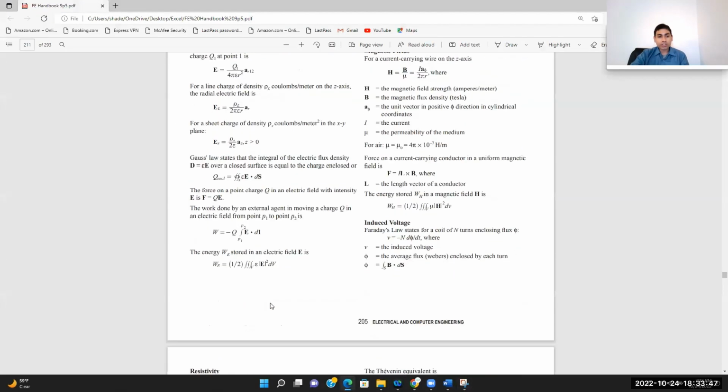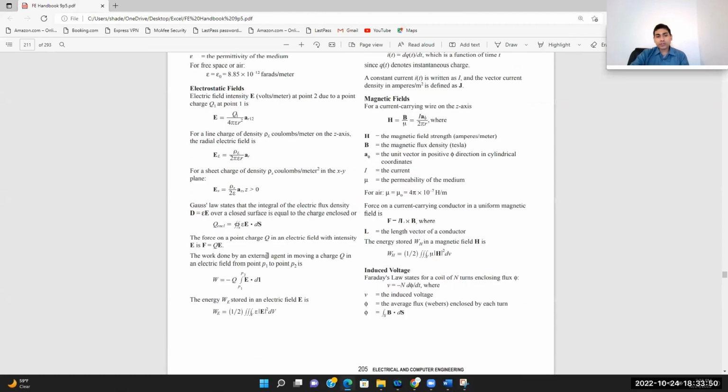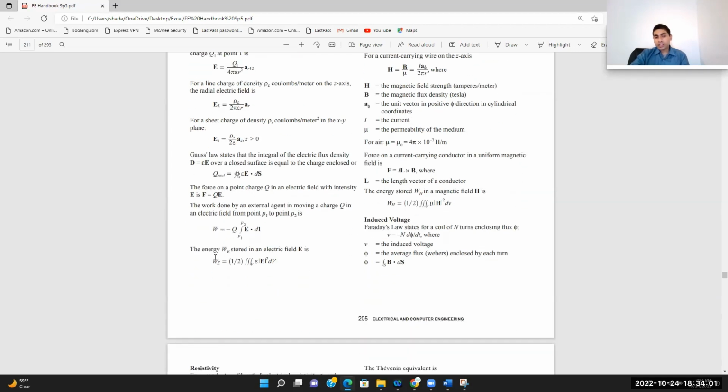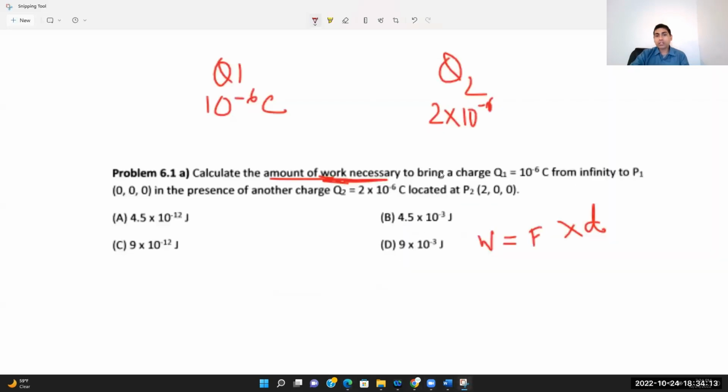Let's look into the equations and try to figure out which equation would be the most convenient here. Now coming to the question, the amount of work done to bring a charge Q1 from P1 in the presence of another charge P2.